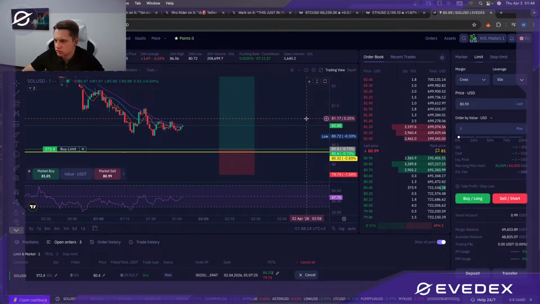So it's kind of just consolidating at the minute. Relatively no market movement whatsoever. We're still waiting on that move towards that level.